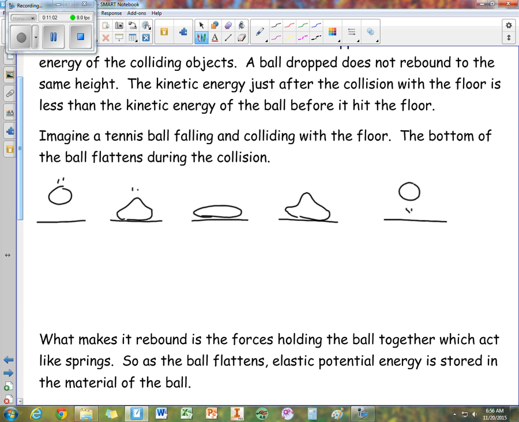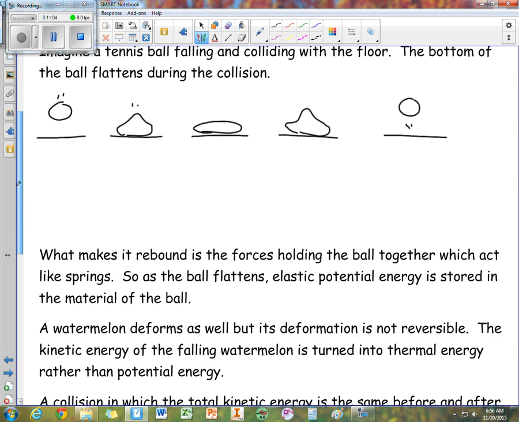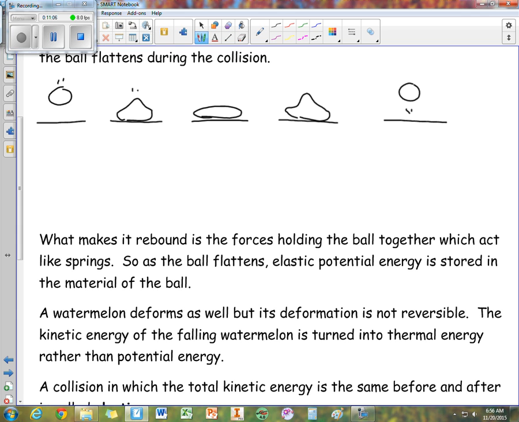If we think about it, what makes this ball rebound is the forces that hold the ball together. They act like little tiny springs. As the ball is flattening right here and here, the kinetic energy of the falling object is being turned into elastic energy.